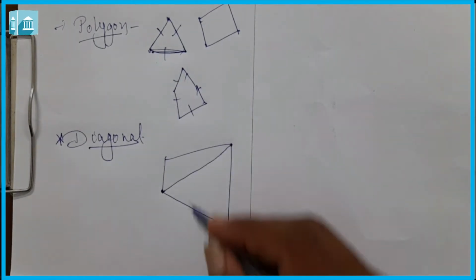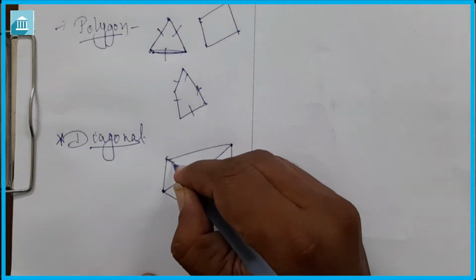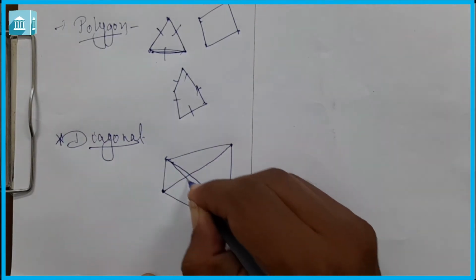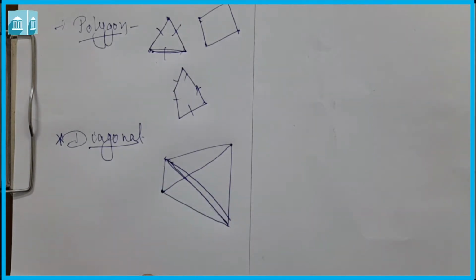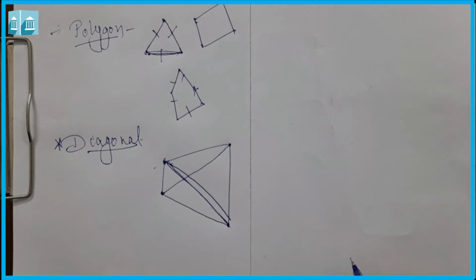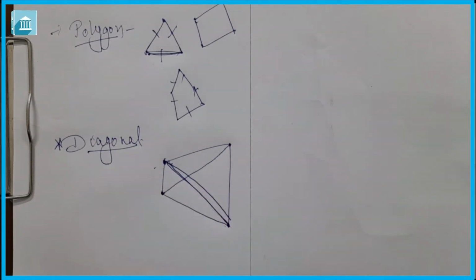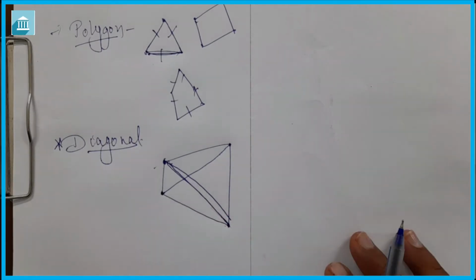This is the diagonal. In the same way, this is the diagonal of this figure. So a diagonal is a line segment that connects 2 opposite vertices of a figure. It is known as a diagonal.